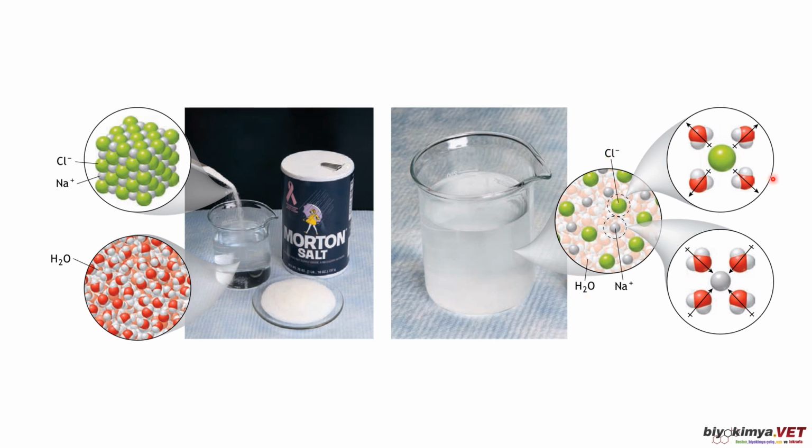Each ion is surrounded by a loose shell of water molecules arranged so that the oppositely charged species are close together, as seen here: the chloride with the hydrogen side of the water, which is partially positive, and the sodium interacting with the oxygen side of the water molecule, which has a partial negative charge.